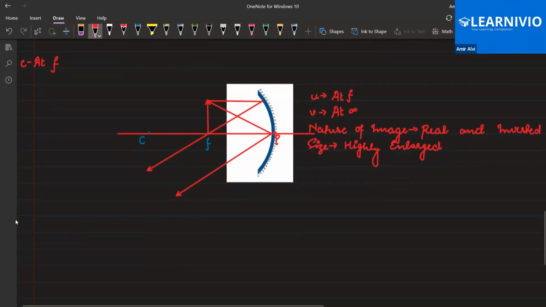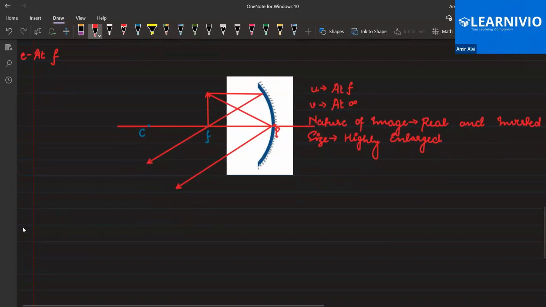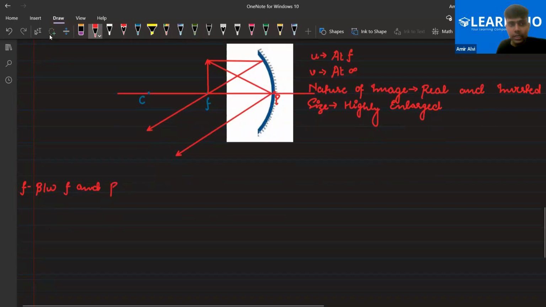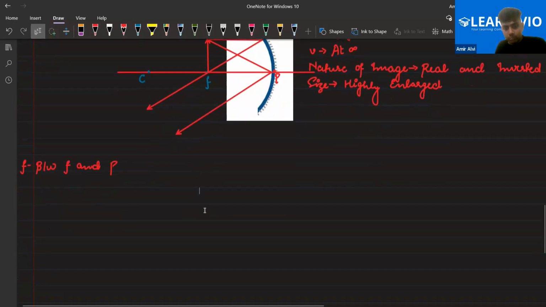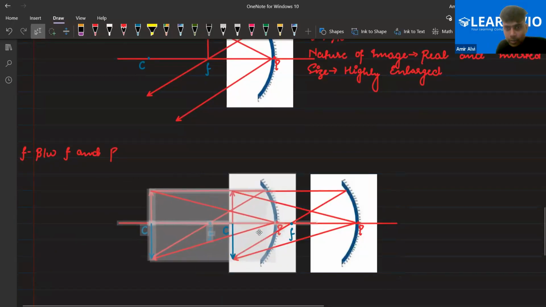Last case is left over here. Sorry, this is E now, this is T. This is E. Next case is at F. The next position would be when the object is placed between F and P. Now here the object has come a little further forward. This is the last case of the concave mirror. Then we will discuss the convex mirror a little.